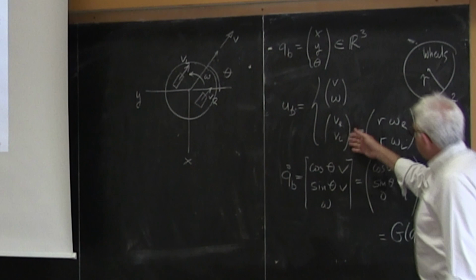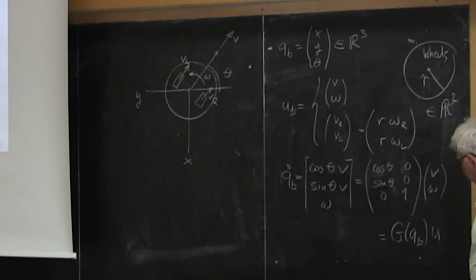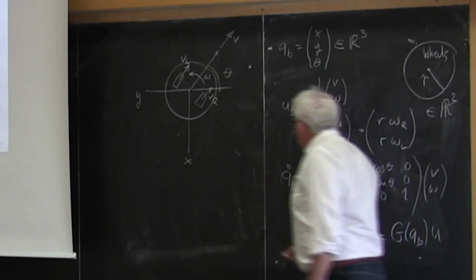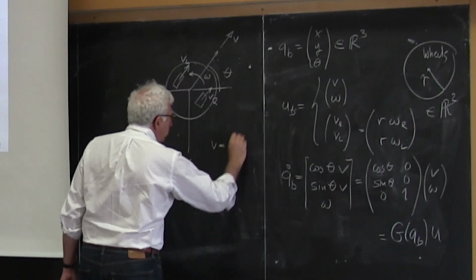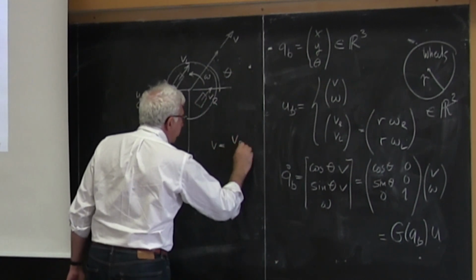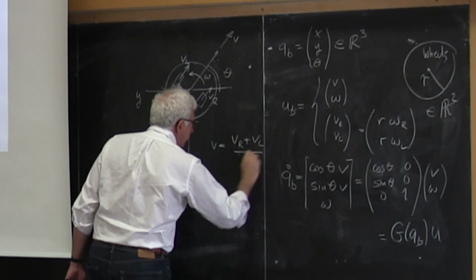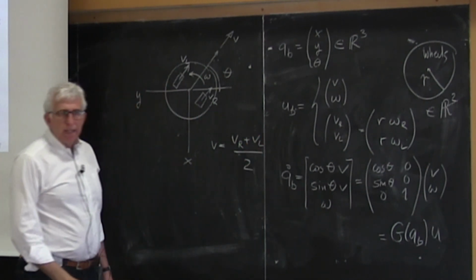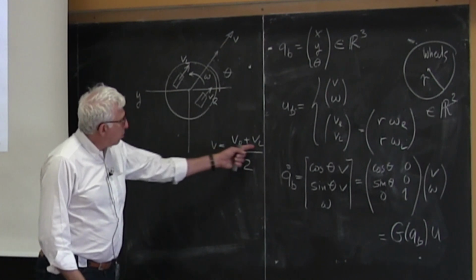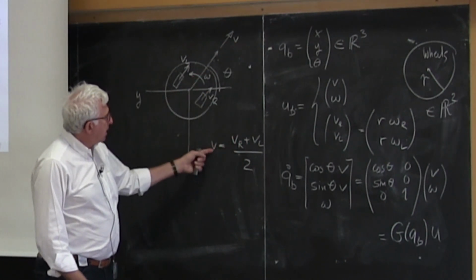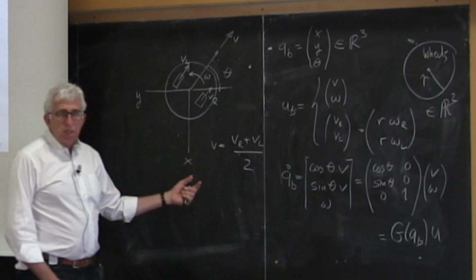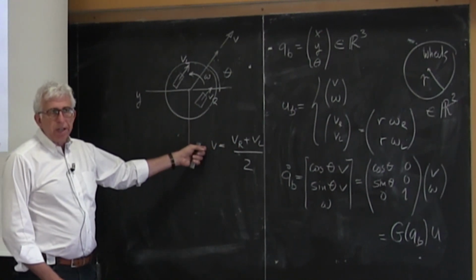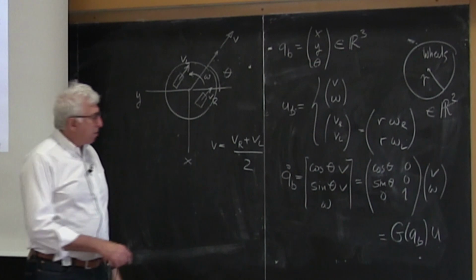And if you would like to use this other set of commands, there's a simple mapping: the linear velocity will be simply the average of the right and left wheels. So if both wheels have the same speed, this will be the speed of the mobile base. If they have opposite speed, there will be zero linear speed; in fact, everything will be an angular speed.